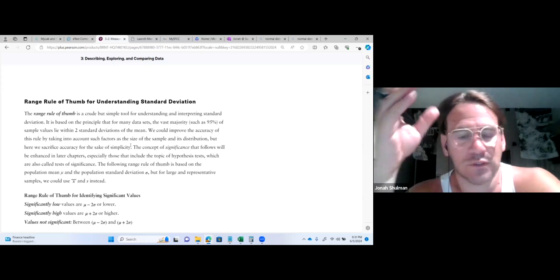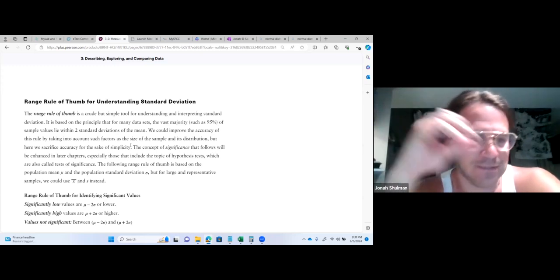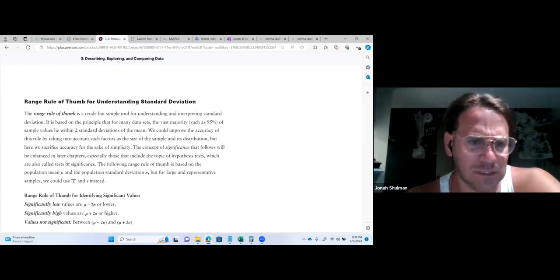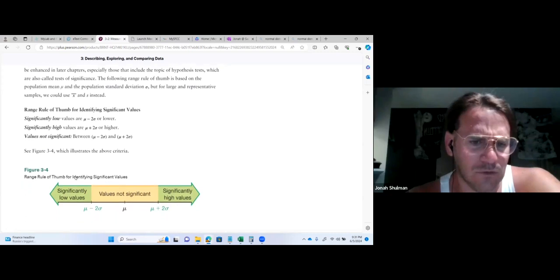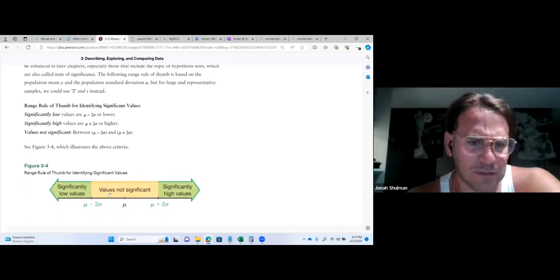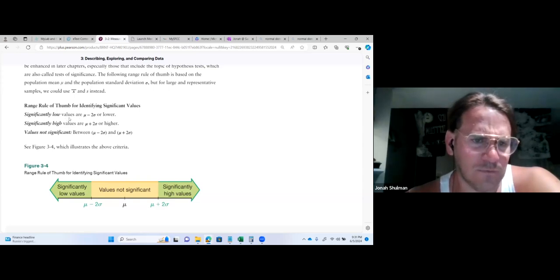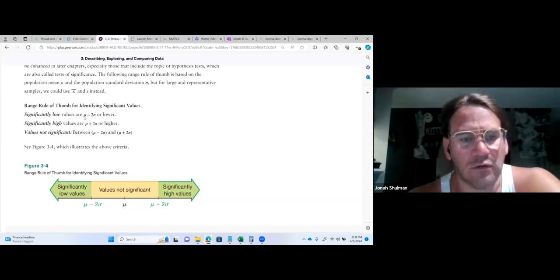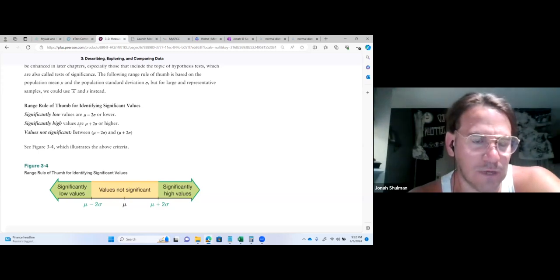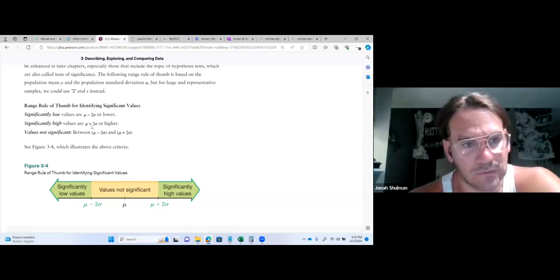They love this rule of thumb thing, but basically they're trying to figure out significance here. So the rule of thumb is basically seeing if we're significantly high or low in values. Significantly low values are the mean minus two standard deviations, and significantly high values are the mean plus two standard deviations.